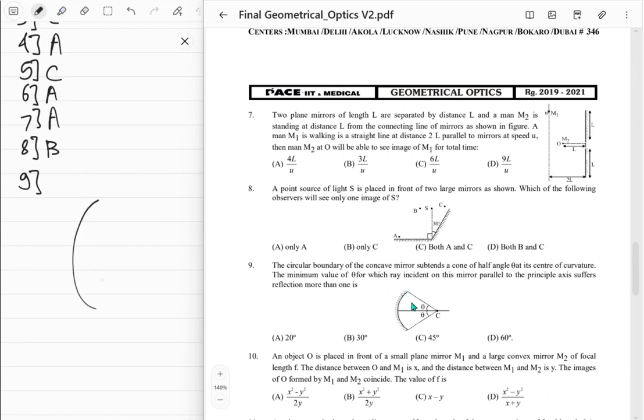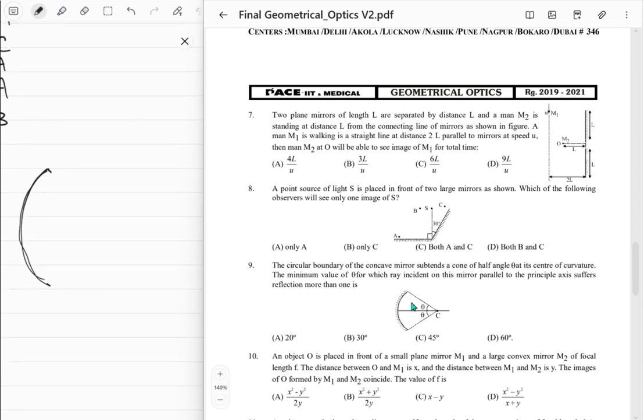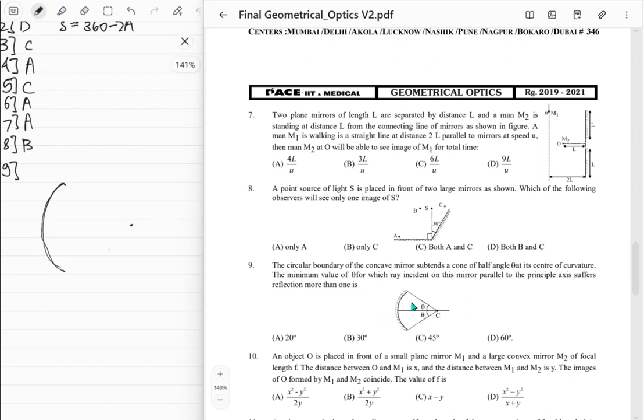So what they're saying is like in 3D, you will have this being a part of a sphere centered around this curvature point, center point, and then just this boundary of this mirror, not the whole surface, right? That's subtending a cone. Understandable. Okay. So what do I do with that?